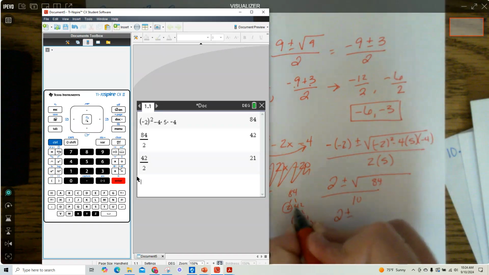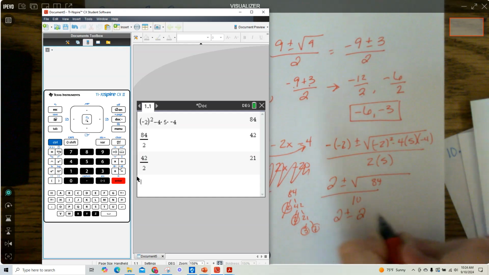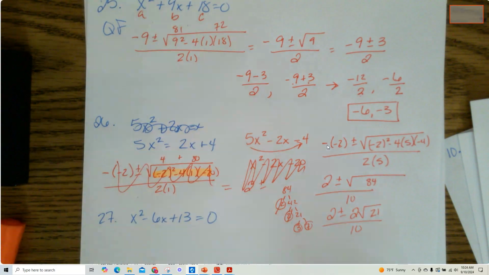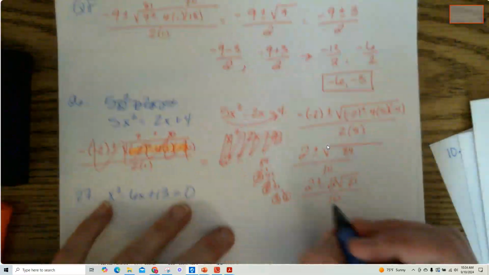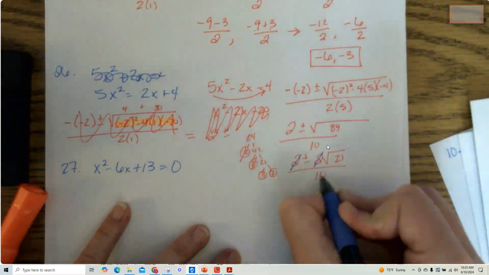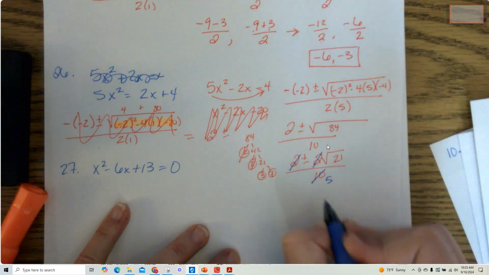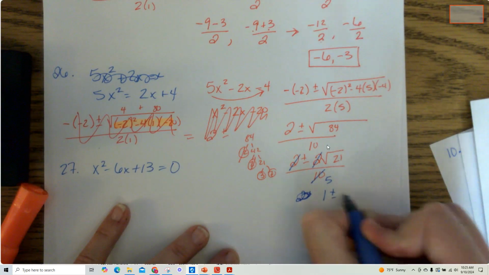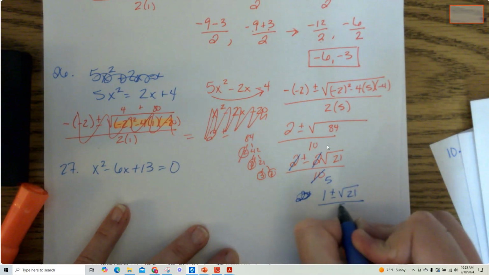So 2 plus or minus, we can pull the 2 out. 21's left over 10. Okay, so this one, all I can do is factor a 2 out. Factor 2 out, factor 2 out, and if I factor 2 out of that, I've got a 5. So I would have 1 plus or minus the square root of 21 over 5.